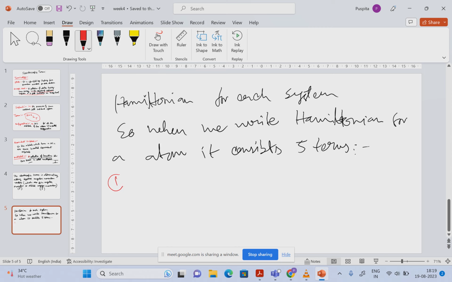First is the kinetic energy of all the electrons. This is a sum from i equals 1 to n. We assume that there is an n number of electrons. p_i squared by 2m. This is the kinetic energy term.